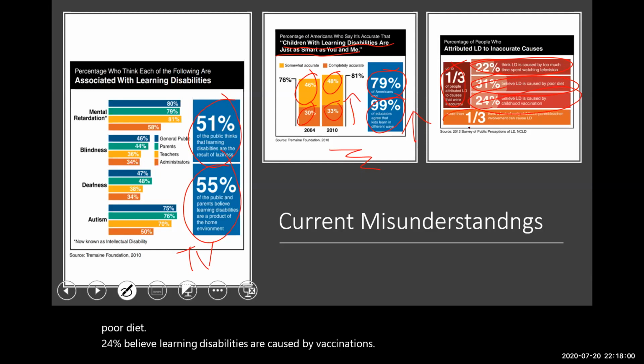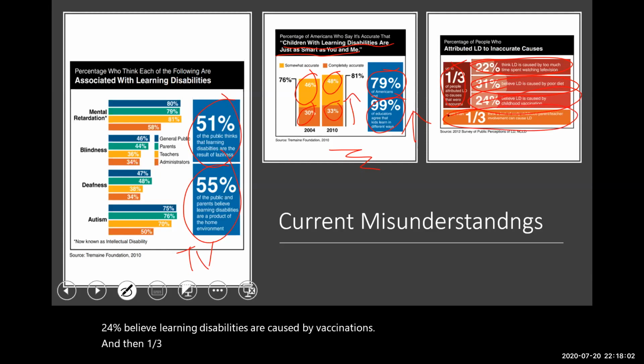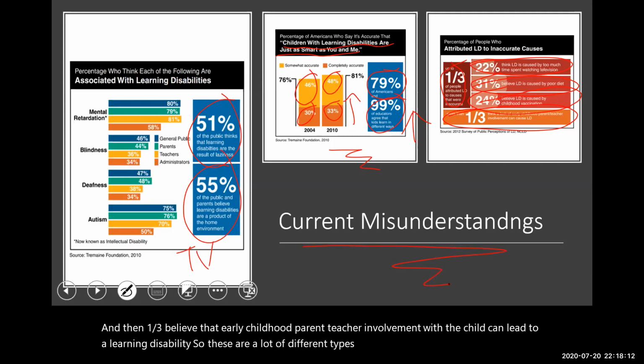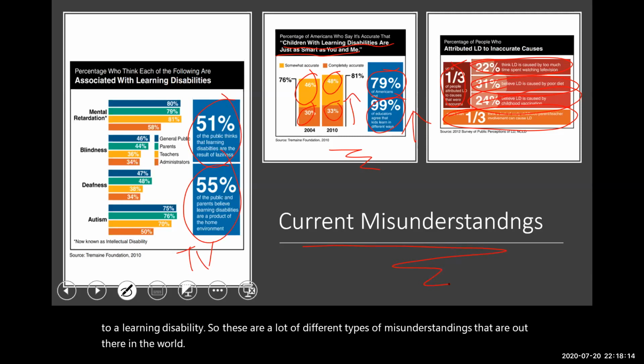And then a third believe that early childhood parent-teacher involvement with the child can lead to a learning disability. So these are a lot of different types of misunderstandings that are out there in the world about learning disabilities.